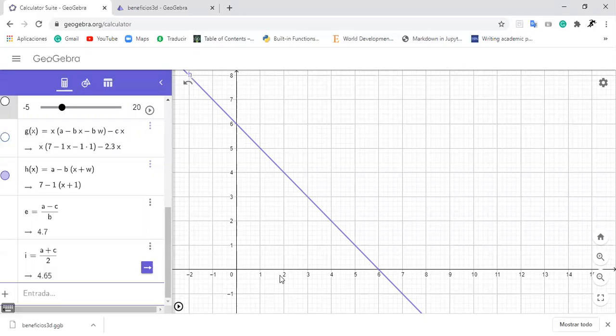So in this horizontal axis, we have the sum of the quantities provided by the two firms. So let me give you an example. If one firm is producing 1 unit of some good and the other firm is producing 4 units, the sum of both productions is going to be 5.